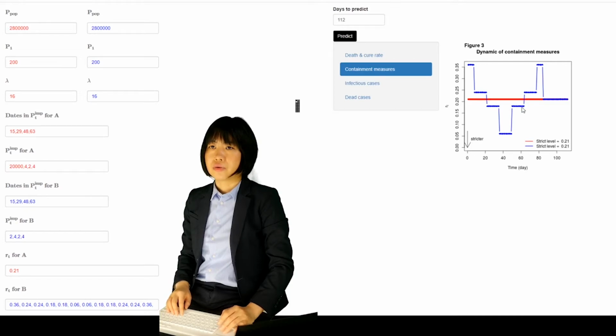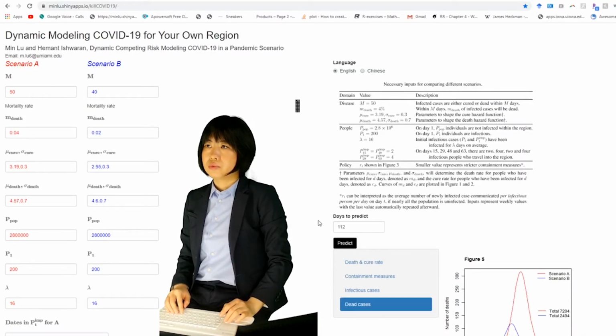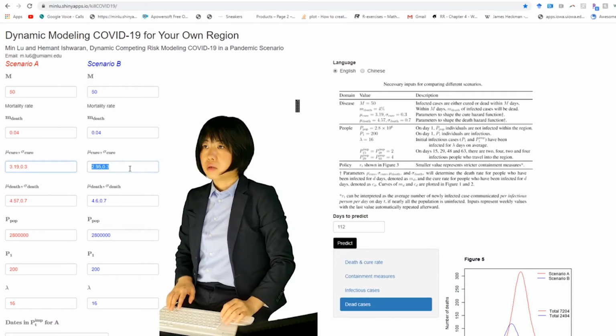You can see that in scenario A, we have a constant street level of containment measures, whereas in scenario B, the RT value changes adaptively. When manipulating these inputs, I suggest you change those parameters one at a time.